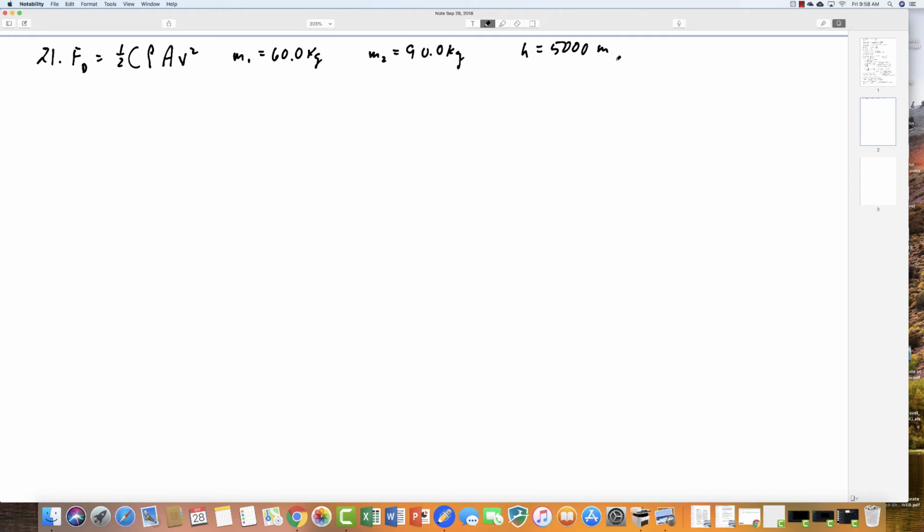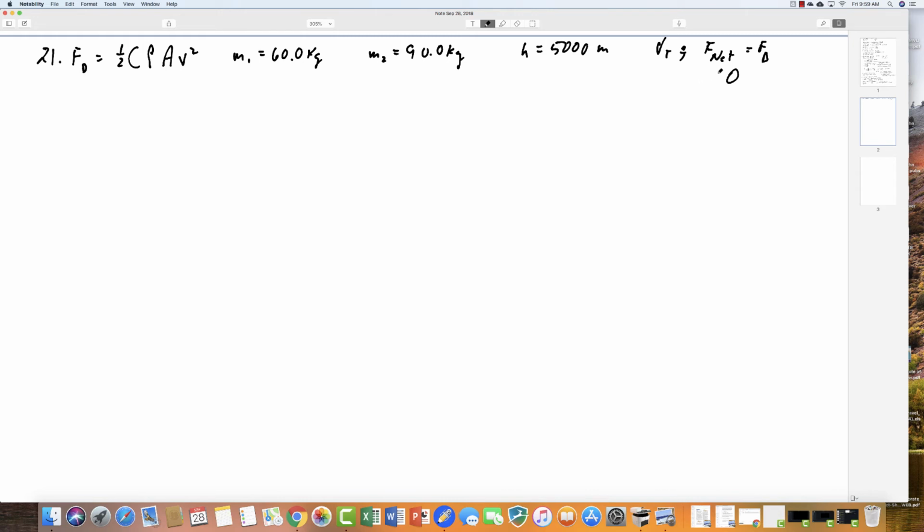The terminal velocity is the velocity when the drag is equal to the net force. What that means is that the person will accelerate until they reach a certain point where the drag is equal to the net force, and that means the overall force is equal to 0.